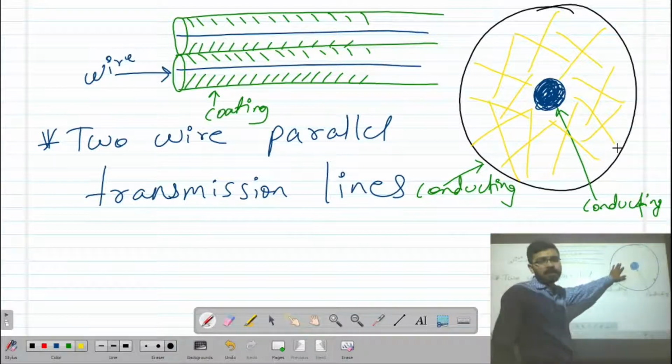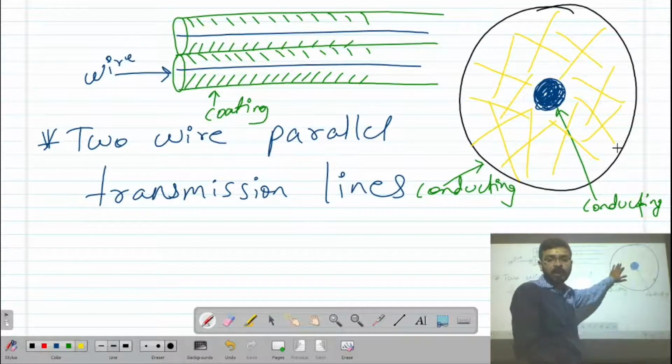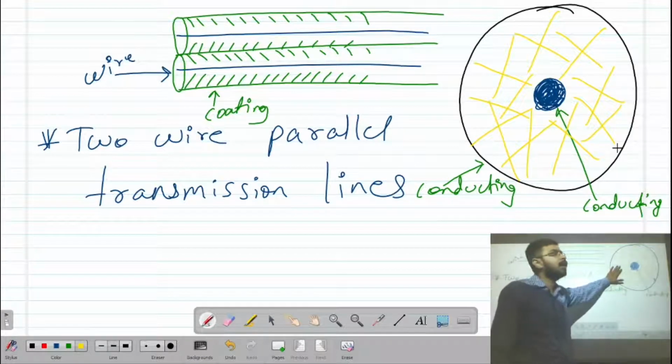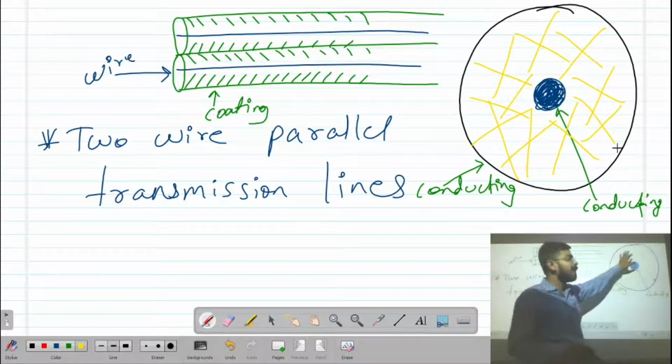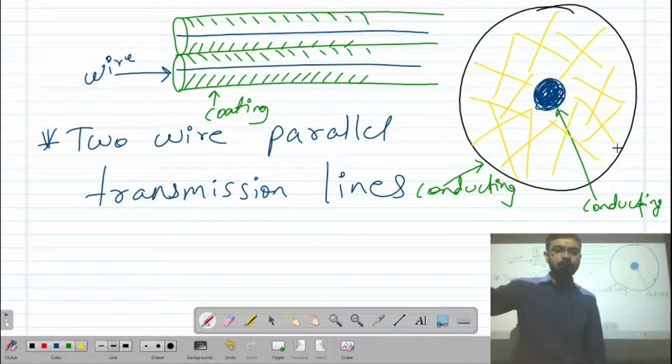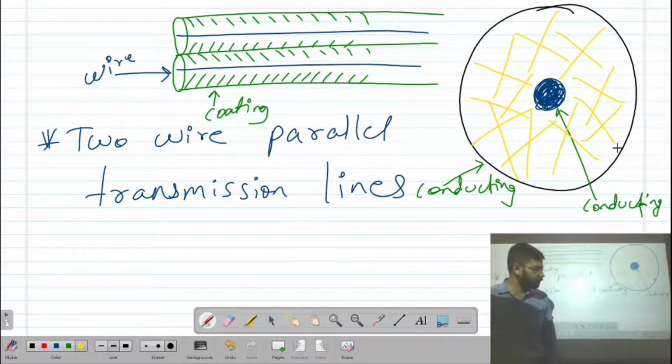This kind of transmission line you can see in your Tata Sky or Airtel DTH TV connections. If you see the wire coming from the dish to your set-top box, that will be a coaxial transmission line, because it is also conducting, carrying transverse electromagnetic waves, and transferring information from the set-top box to our local TV, right?